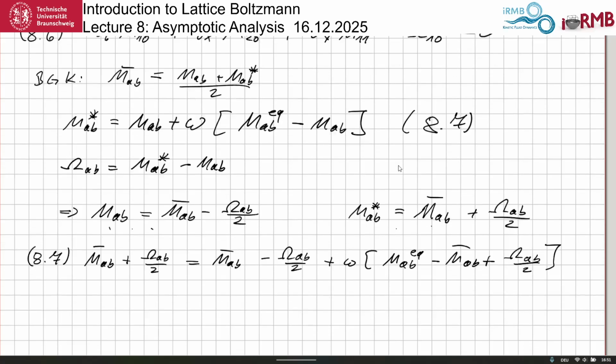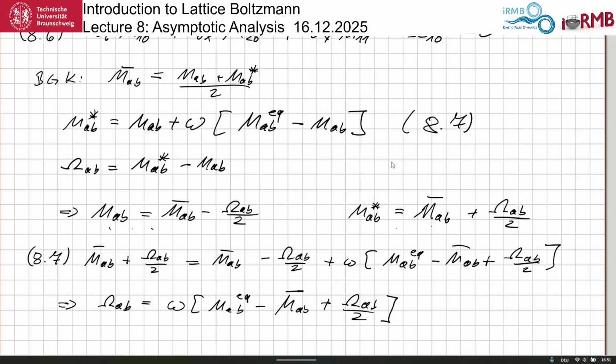And this can be solved for omega AB equal to small omega MAB equilibrium minus, okay, now it's not solved, I just subtract the things. It's not yet solved. Yes, we can actually use this to rewrite.